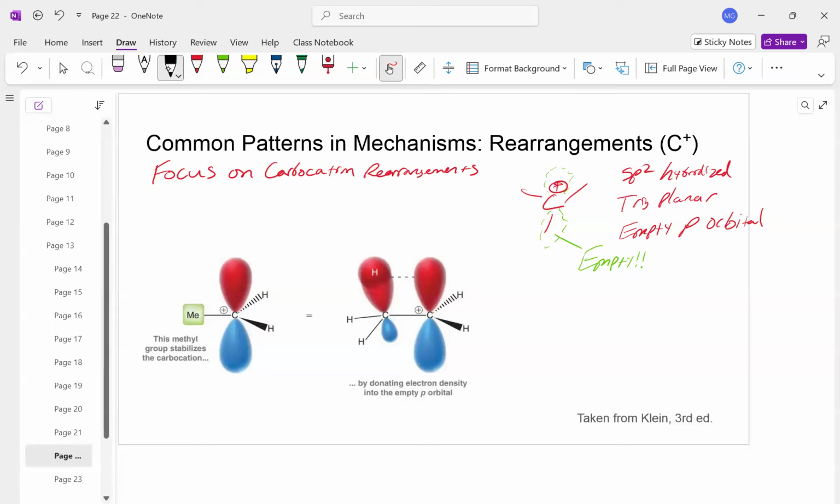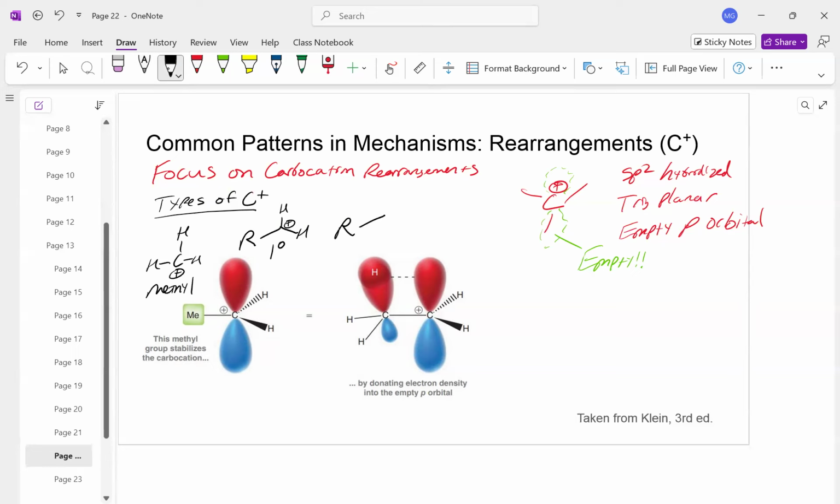Now, let's take a look at the different types of carbocations. The first one we'll look at is what we call a methyl carbocation. And then if there's one carbon attached to the carbon with the plus charge, we call that a primary carbocation.